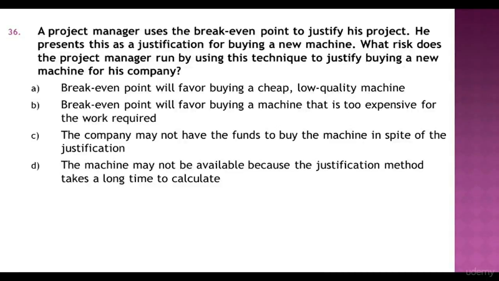Break-even point will favor buying a machine that is too expensive for the work required. The company may not have the funds to buy the machine in spite of the justification. The machine may not be available because the justification method takes a long time to calculate. Answer A is a correct choice. Break-even point will favor buying a cheap, low-quality machine.